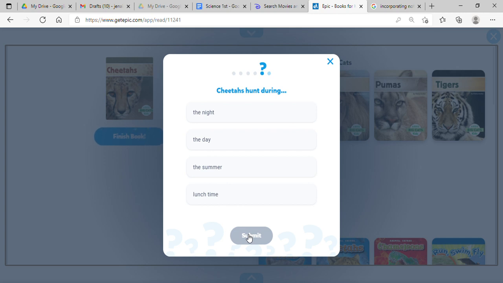Great. Okay. So cheetahs hunt during the night, the day, the summer, or lunchtime. Good job. Okay, so baby cheetahs are called kids, cubs, kittens, or pups.